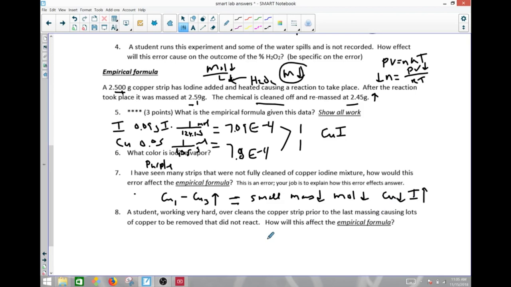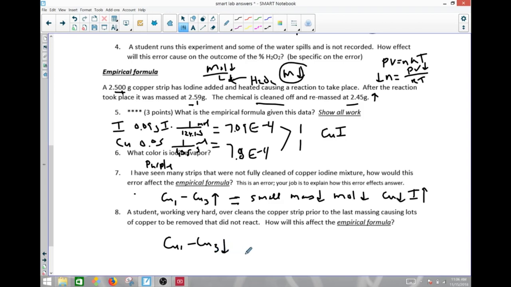A student working very hard overcleans the strip prior to the last massing, causing lots of copper to be removed. This is just the opposite. I'm taking copper initial, that wasn't affected, minus the copper in the third weighing. This is going to be small.